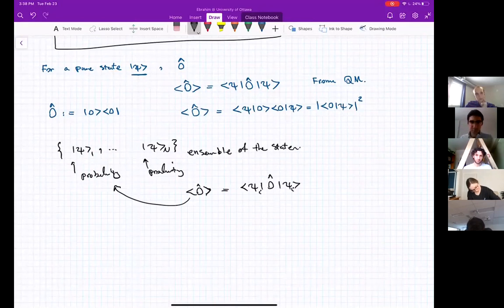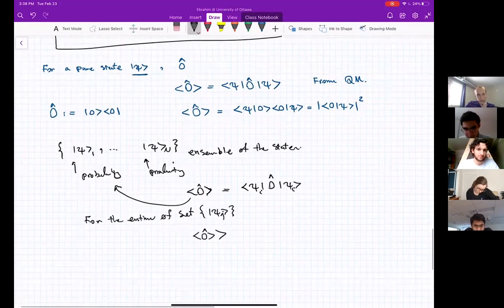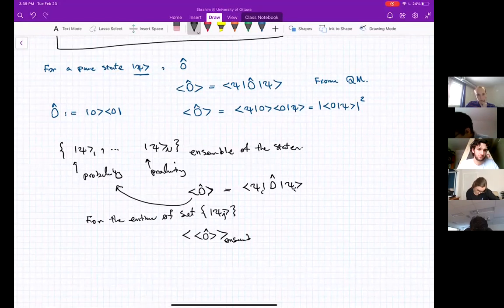But now we do the average for the entire set of psi i. So the operator O should be averaged over the ensemble.